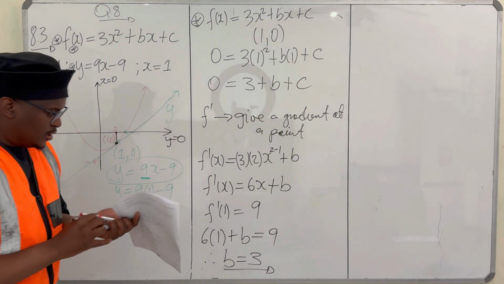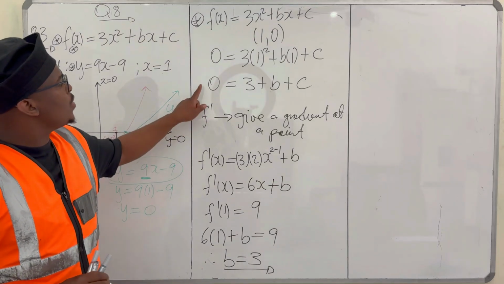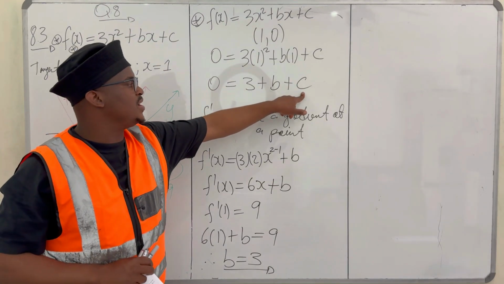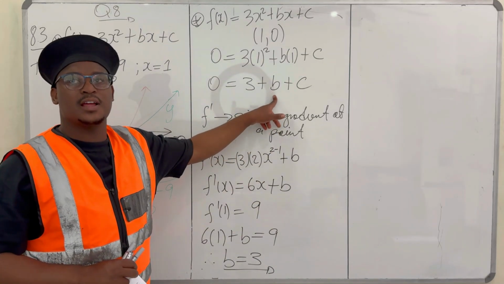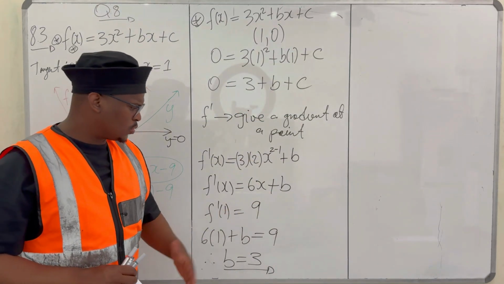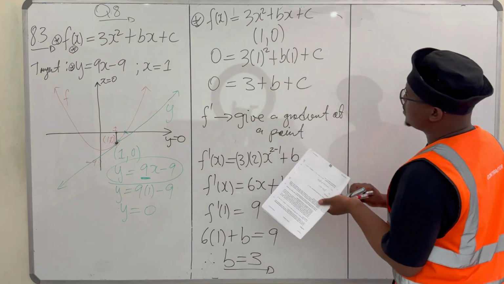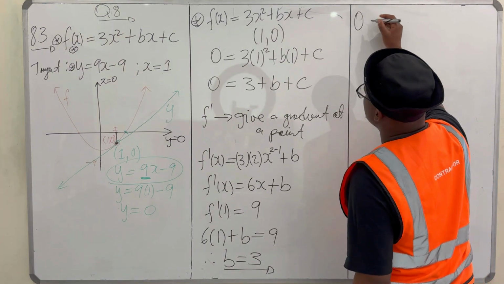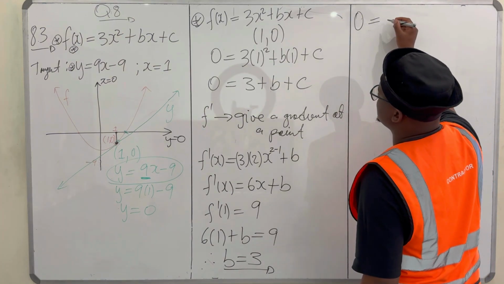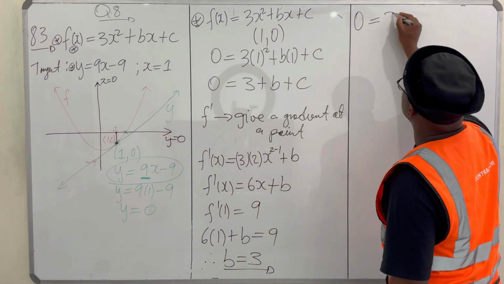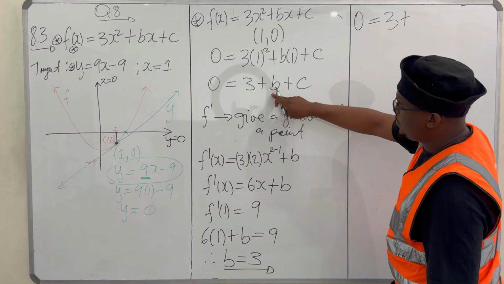Once you find your b, you can go back to this equation that had multiple variables, a, b, and c, and substitute your b, which is 3, and find your c. That's what we're going to do. We're going to say, okay, 0 is equal to what? Is equal to 3 plus b. What is b?